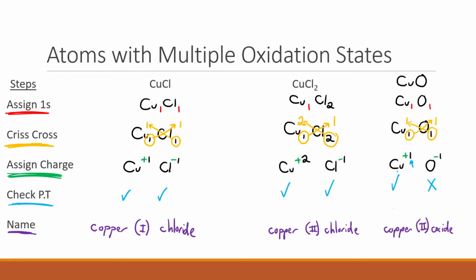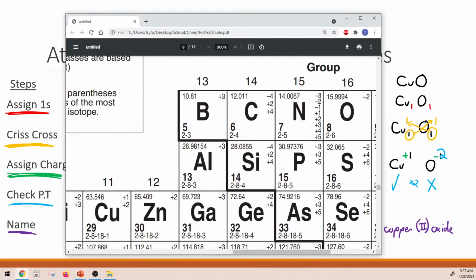And so here, copper has a +1, so that checks out, but oxygen can only be -2. And so I must double both of these charges. Correct. I need to double it because oxygen cannot be a -1. The periodic table says it can only be a -2.